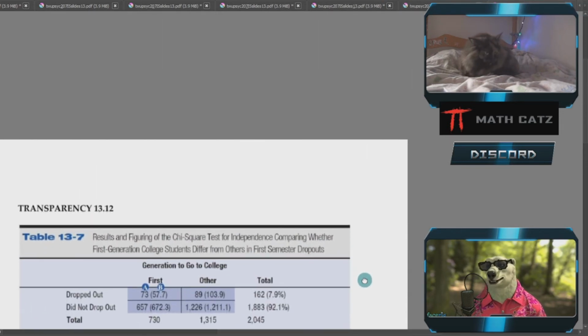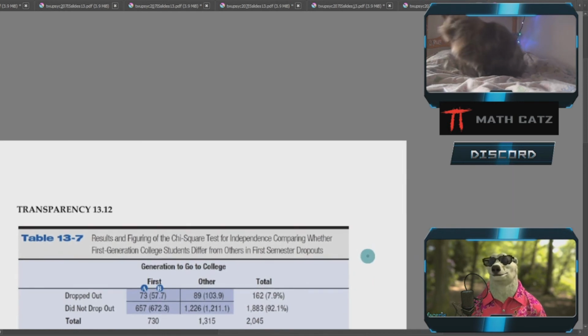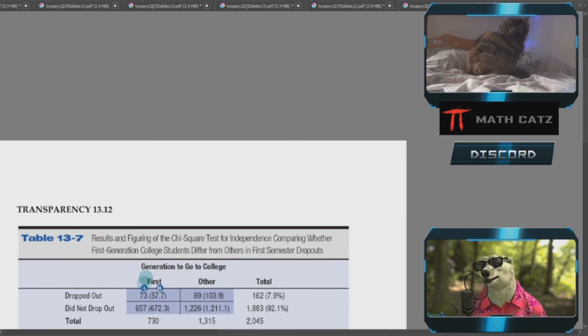Oops, I don't want to show too much. Let's just show the table. Now, a lot of things are going on there. We don't have it all in the beginning, but we have these observed numbers. So first generation or not versus if the students dropped out or not.